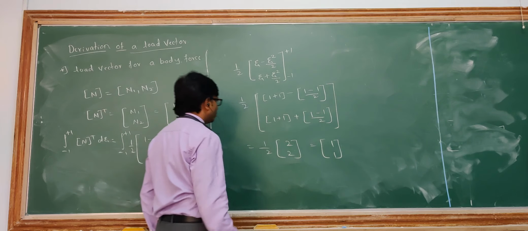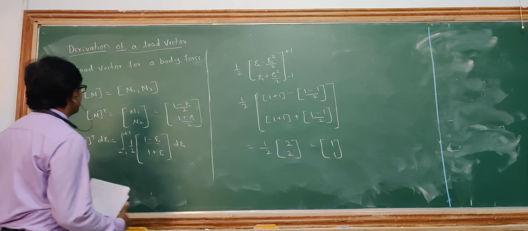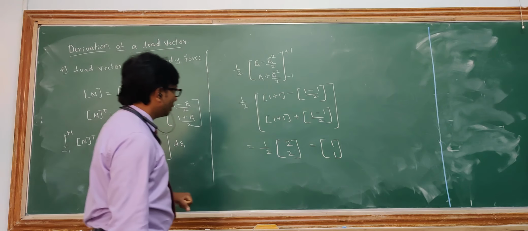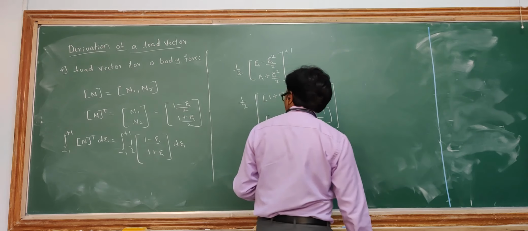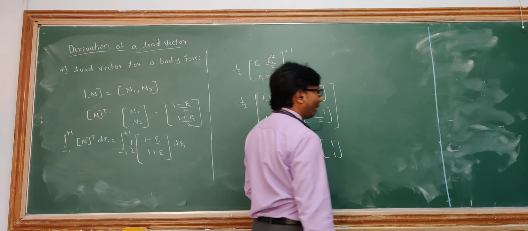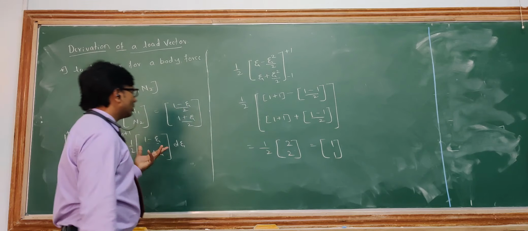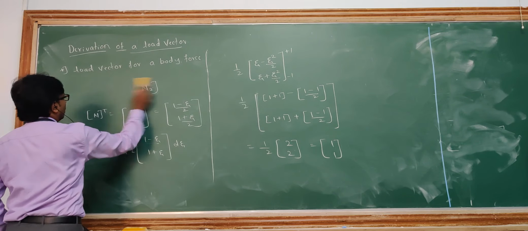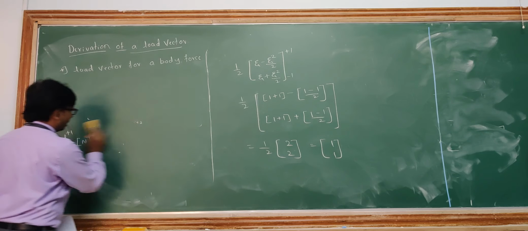So what is the solution of this? When you solve this integration of N transpose d zeta from -1 to +1, you will get the values as 1, 1. I'll just substitute the values there. Let me write down the formulation once again.